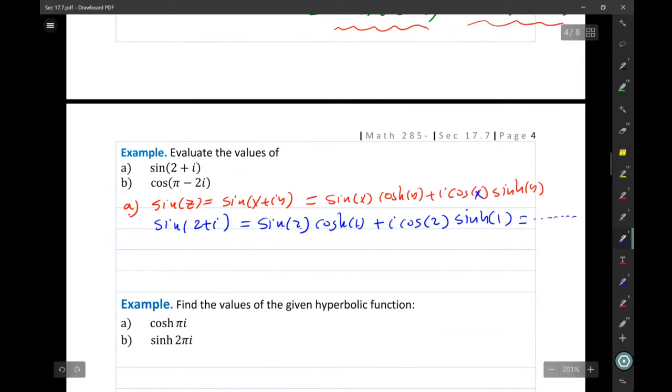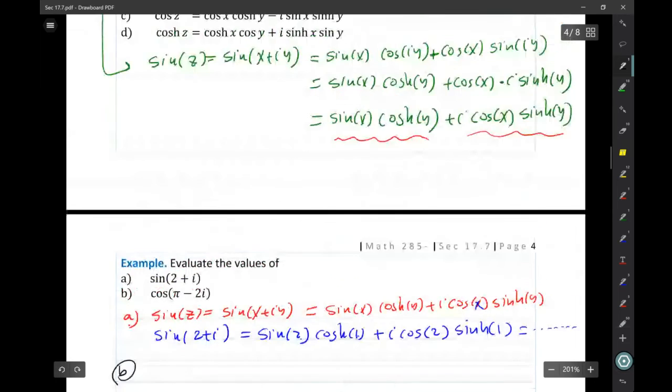Now part B, cosine of pi minus 2i. How do I find it?